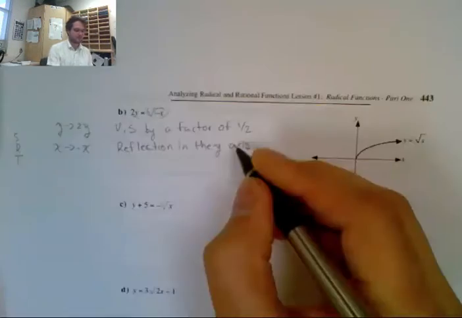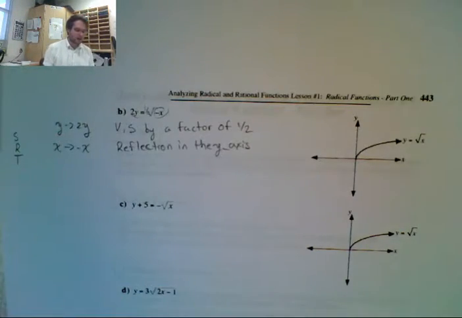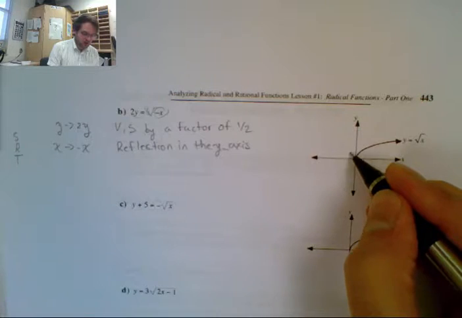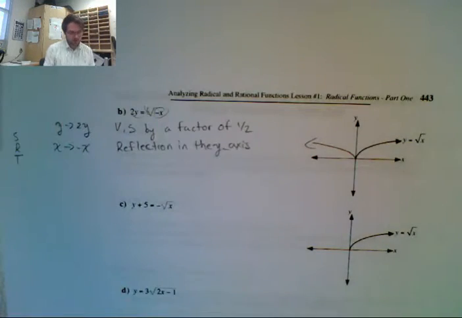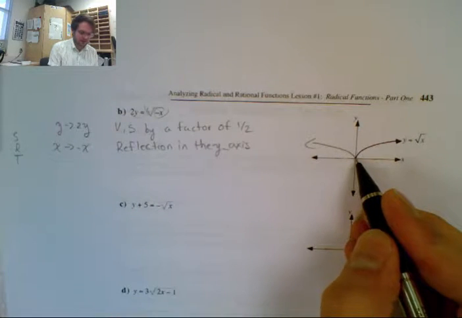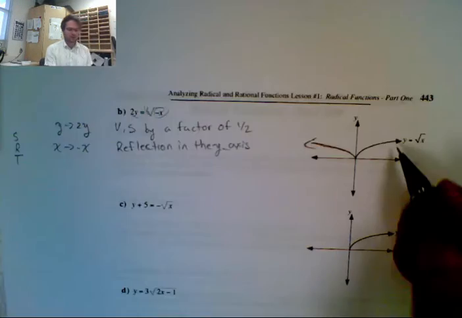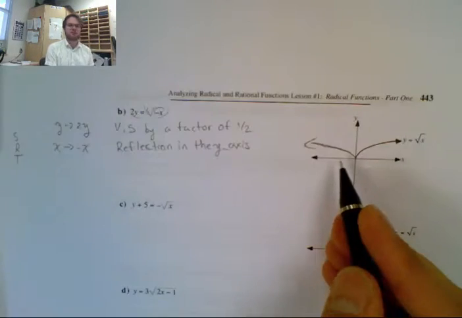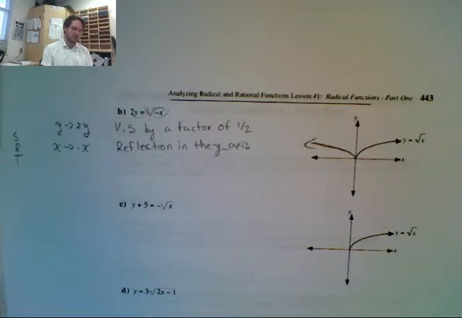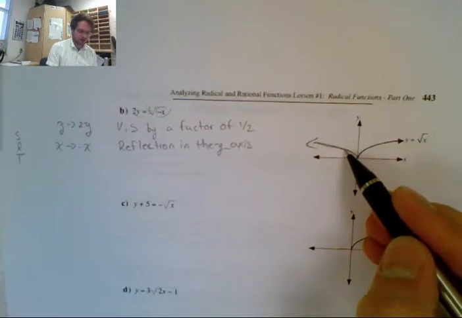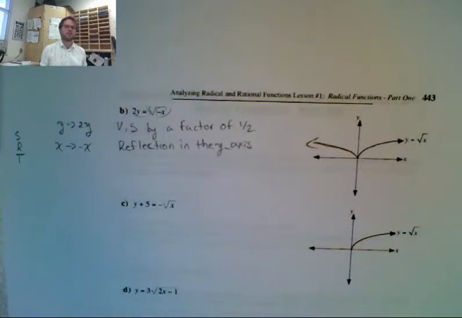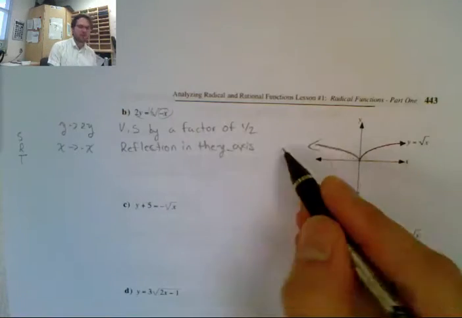So what does that look like? This one here is going to look something like this. Maybe a little bit smaller there. So basically this should be something like that. So it doesn't quite go as high as that. It's narrower, and it's half as high. So this point should be half as high as the point on that side and so on. And it's going to be reflected that way.